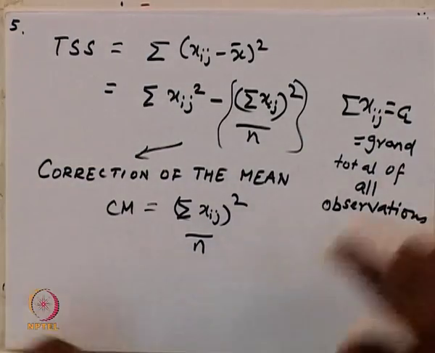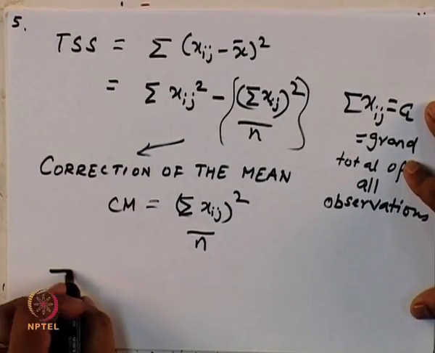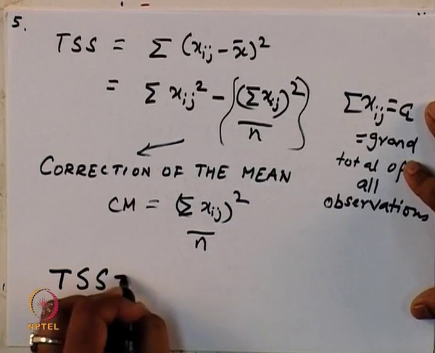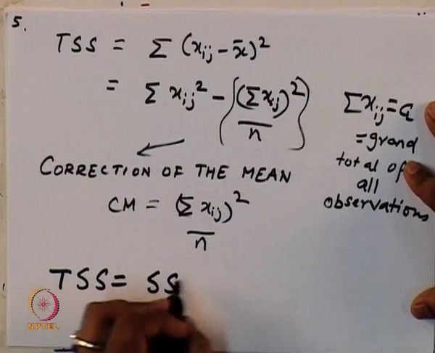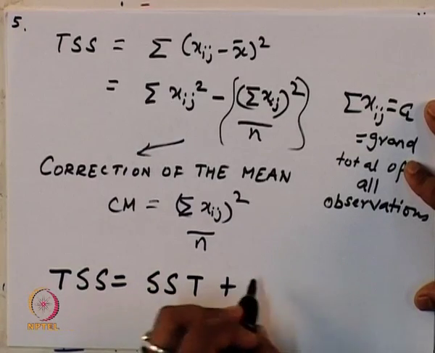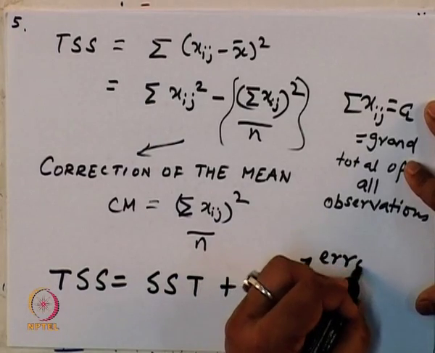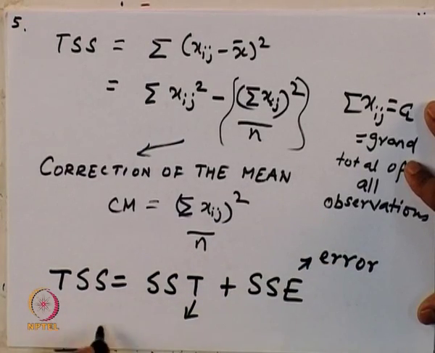Now, this total sum of squares is divided into two components. So, you write TSS is equal to one component called sum of squares for treatments plus sum of squares for errors. So, E is for error and T is for treatment.